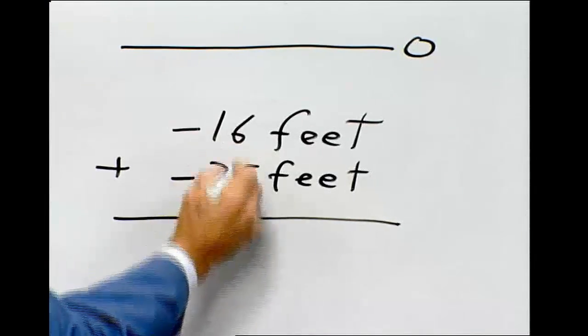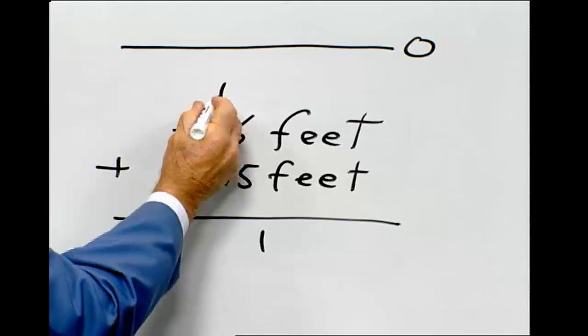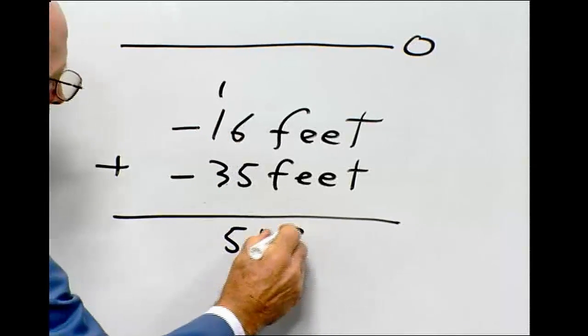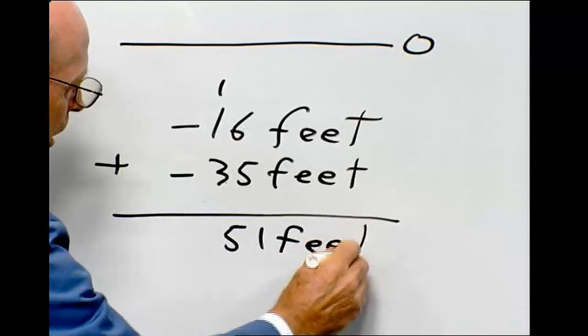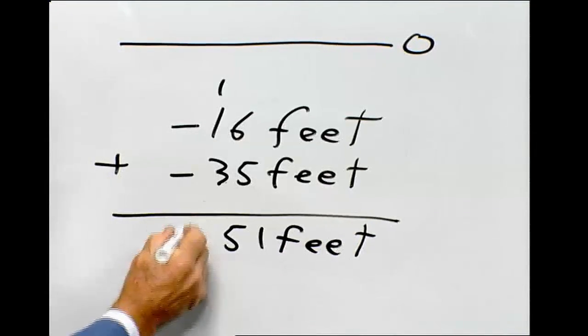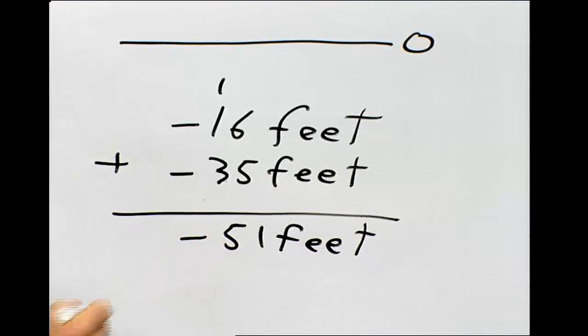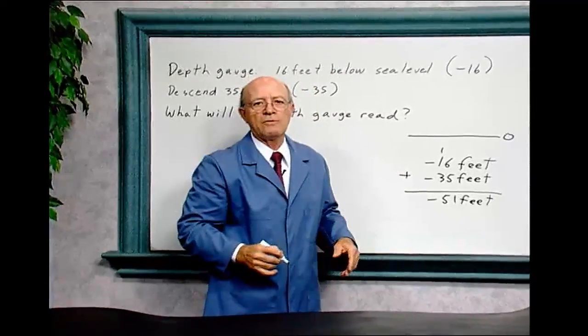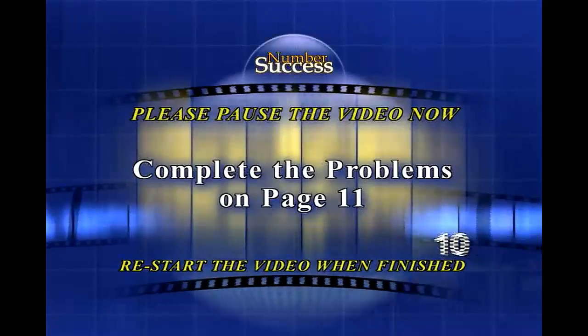So 5 plus 6 is 11. 1 plus 1 is 2 plus 3 is 5. It's 51 feet. And so we retain the same negative sign when we're adding signed numbers. And so the depth gauge will read minus 51 feet.